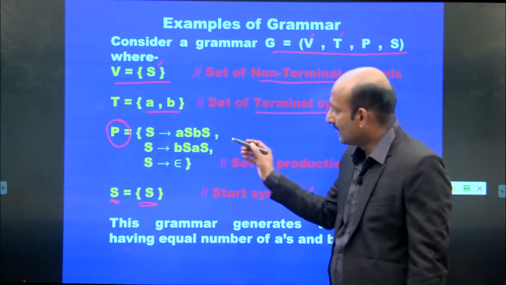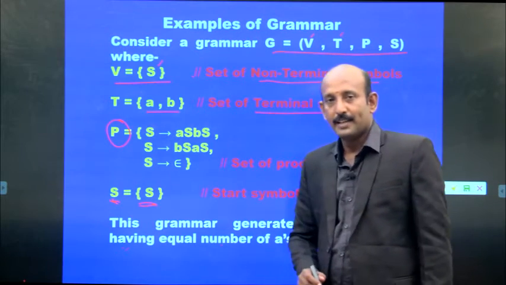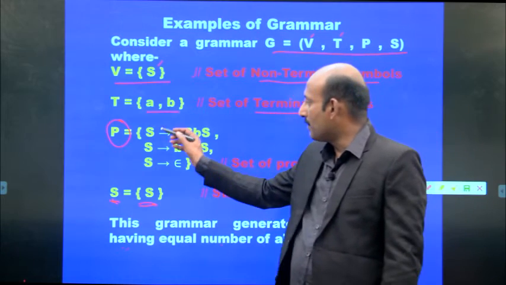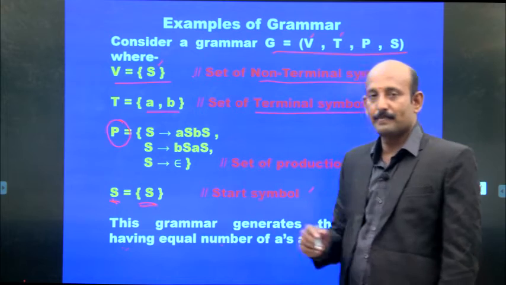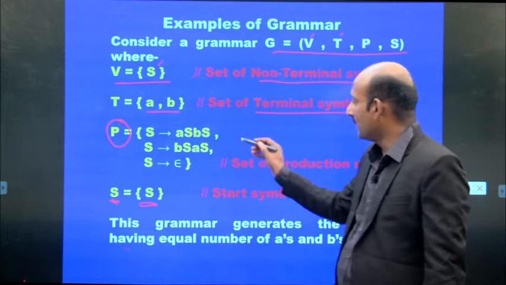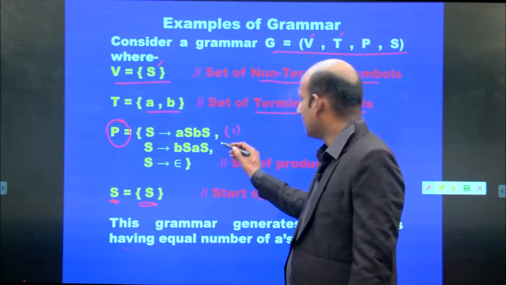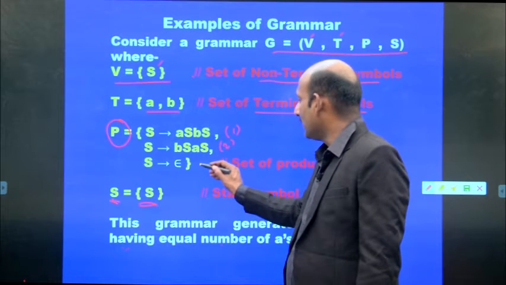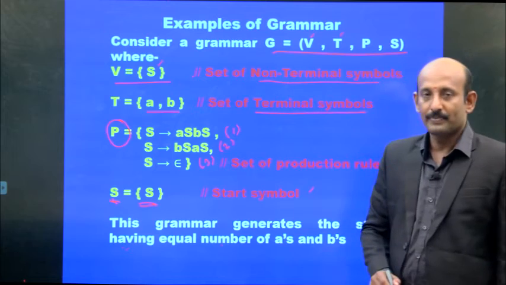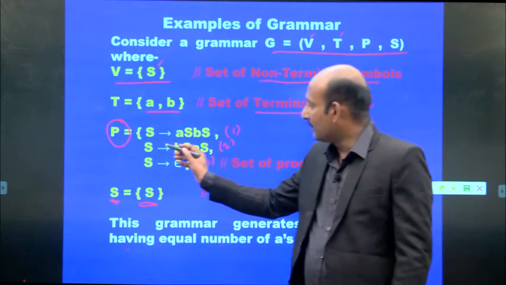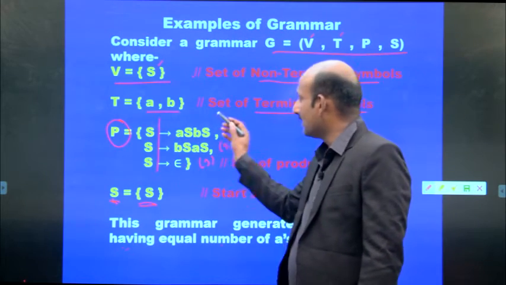Now let's see the productions. The productions are in the form S implies aSbS. This is production number 1. We can number them: this is production number 1, and this is production number 3. This is the left side of the production and this is the right side.